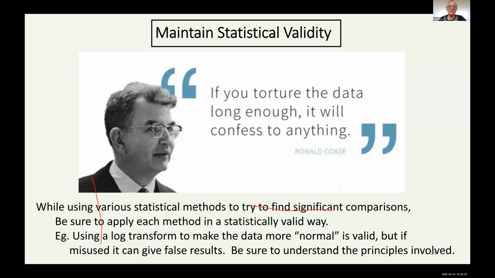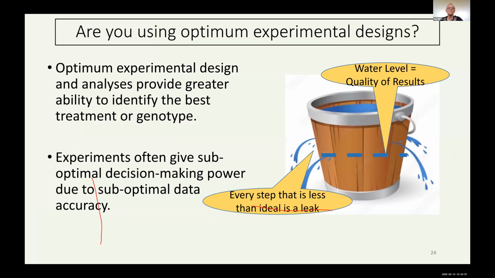Each method should be used in a statistically valid way. And using a log transform to make data more normal is a valid approach, but misused, it can give false results. So we need to be sure we understand the principles involved in transformations and other processes.